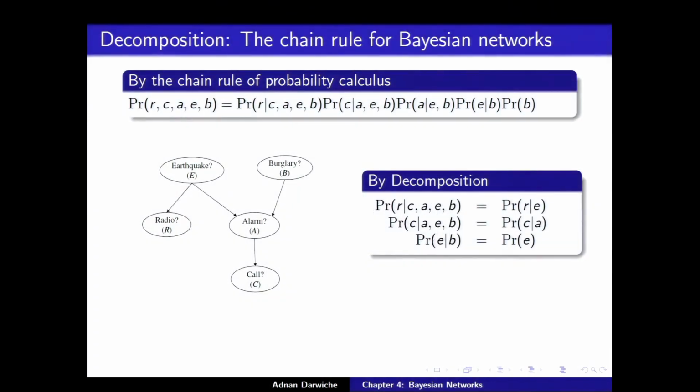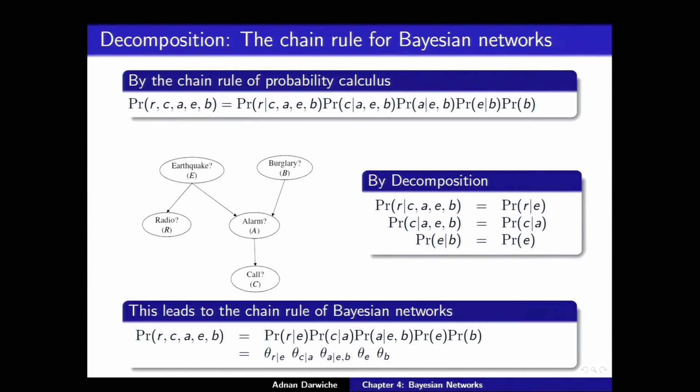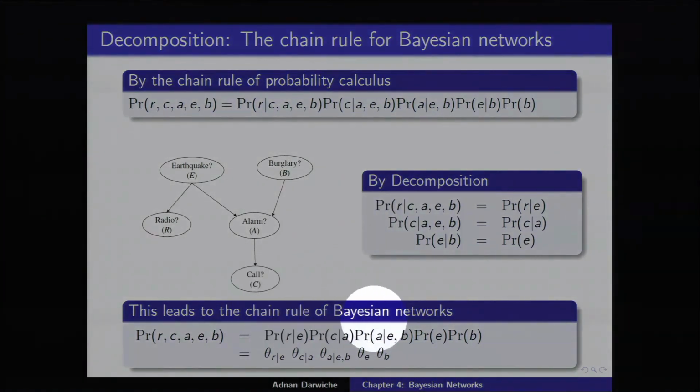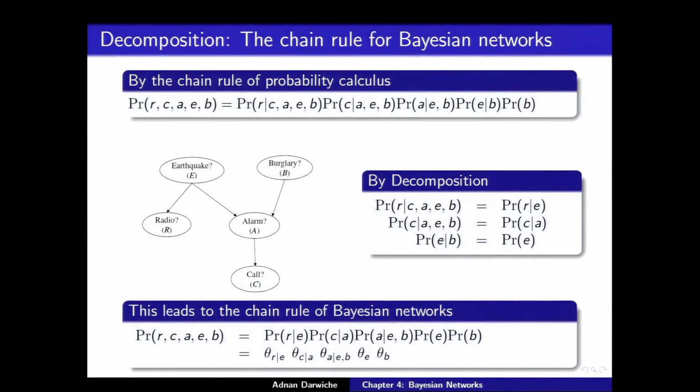So if you do these simplifications, what do you get? You get this, which is what I told you. Effectively, you're going for every node and picking up the corresponding compatible parameter, and starting from the chain rule of probability calculus and using the independence assumptions of the Bayesian network, we proved the chain rule of Bayesian networks. Good?